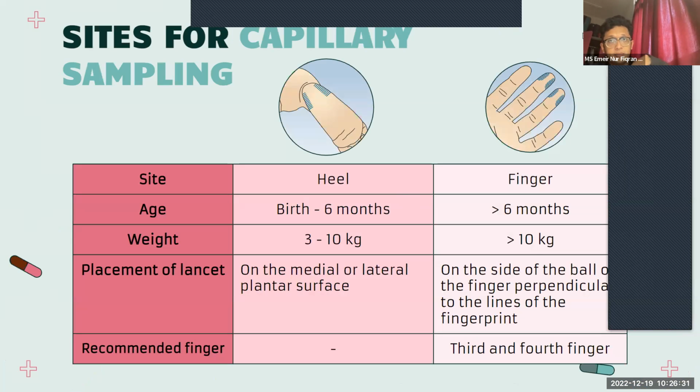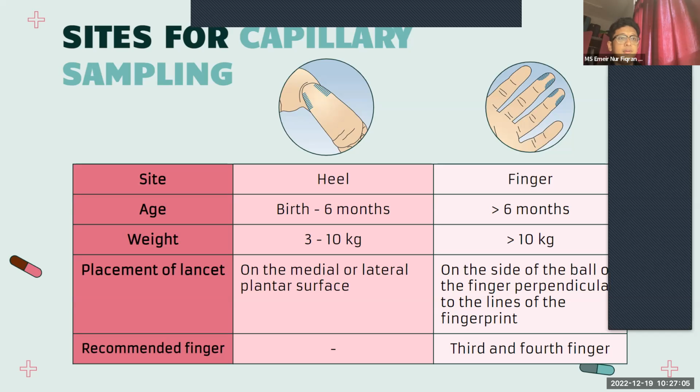So continue. Where do we puncture for capillary blood sampling? It is usually done at a highly vascularized area, such as the heel or the fingers. The heel is usually used from birth until 6 months, usually weighing 3 to 10 kilograms, and the lancet is placed on the medial or lateral aspect of the plantar surface of the heel.